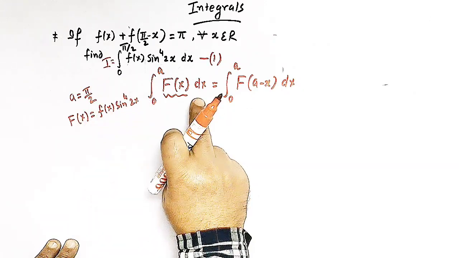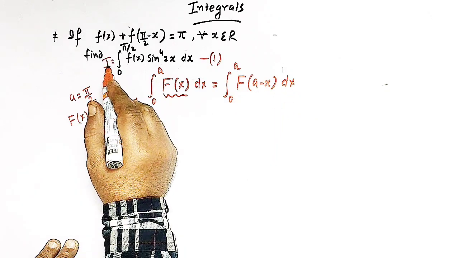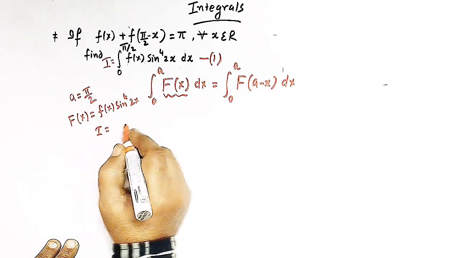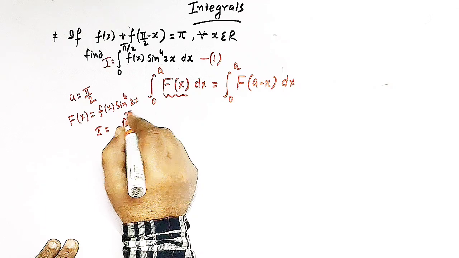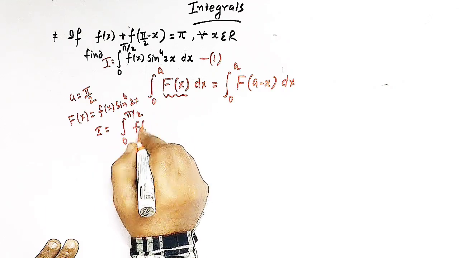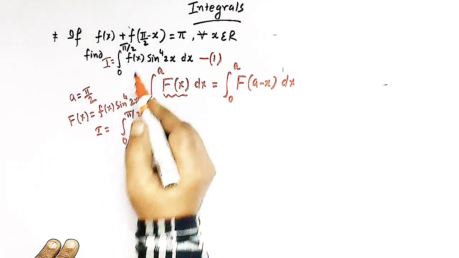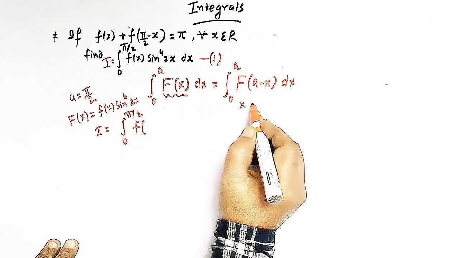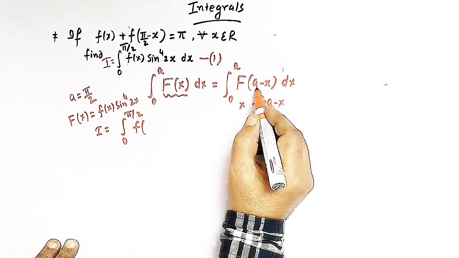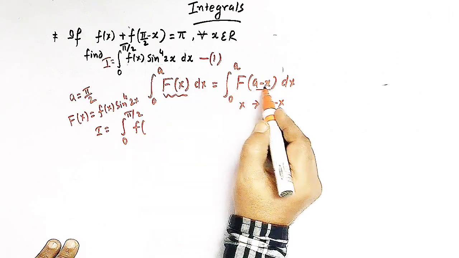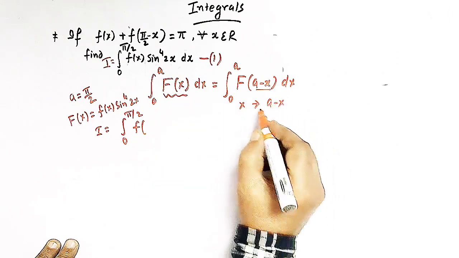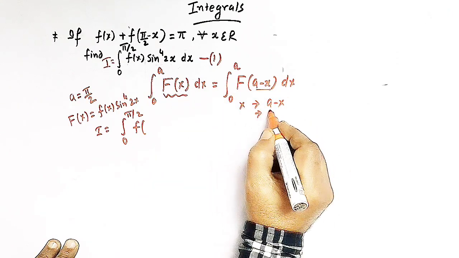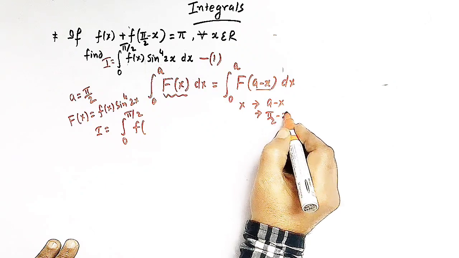So now using this property, we can write this integral I as the integral from 0 to pi by 2, and here we can replace x by a minus x, right? So we replace x by pi by 2 minus x.